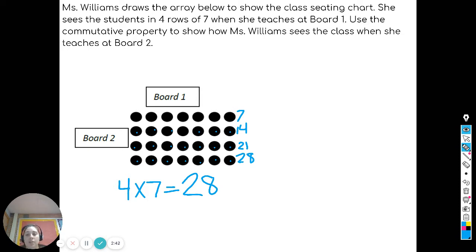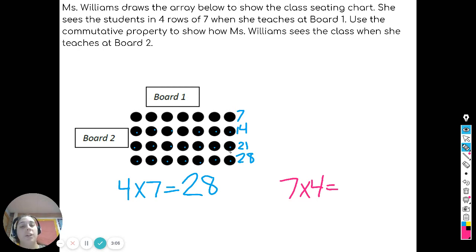Now let's use the commutative property to flip that. So that means that we're going to change this 4 times 7 to 7 times 4, and it should still equal 28. So her view from board 2, if she's looking this way, is going to be 7 rows of 4.